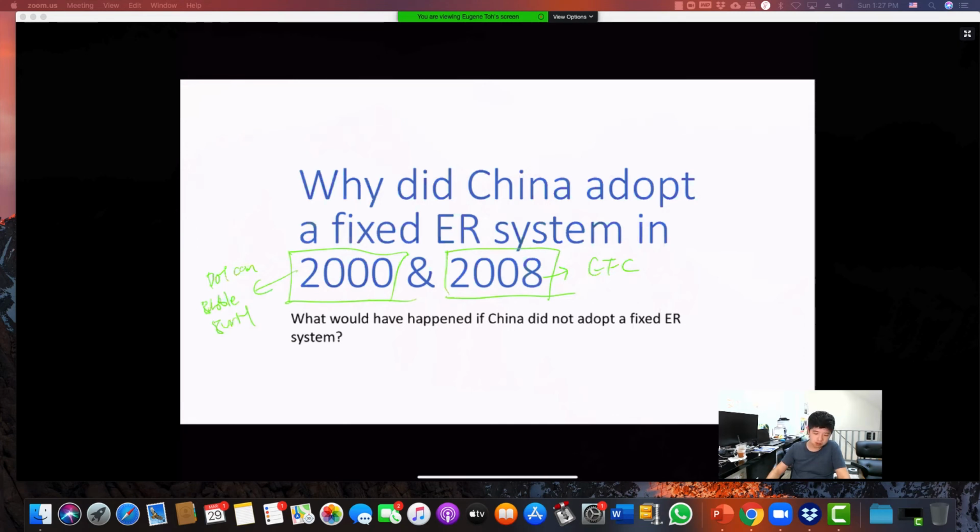Okay. Now, in the last 20 years, what has been happening to demand for Chinese goods? It's been increasing, right? So if there's increased demand for Chinese goods, tell me what happens to demand for the renminbi.